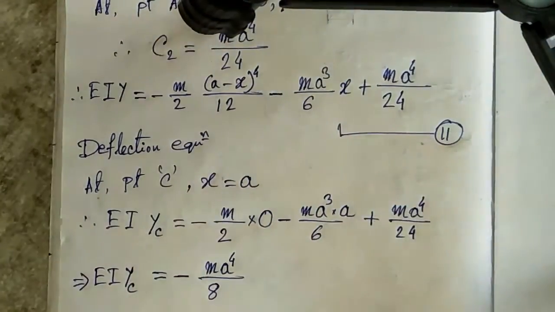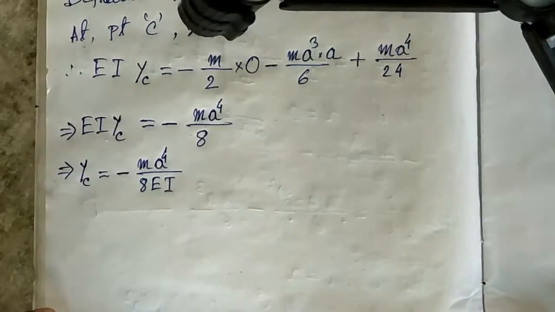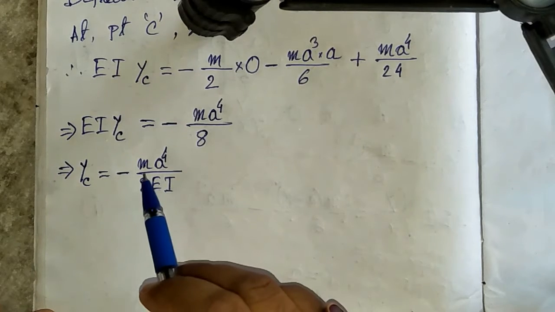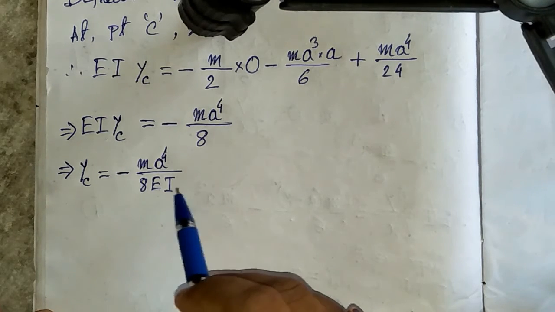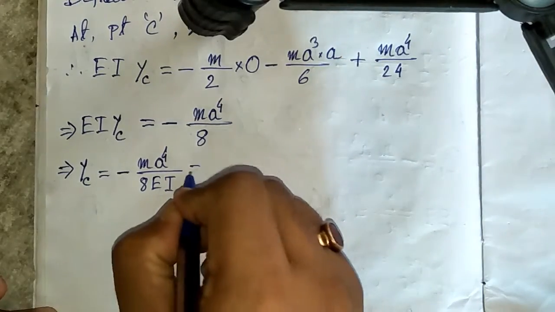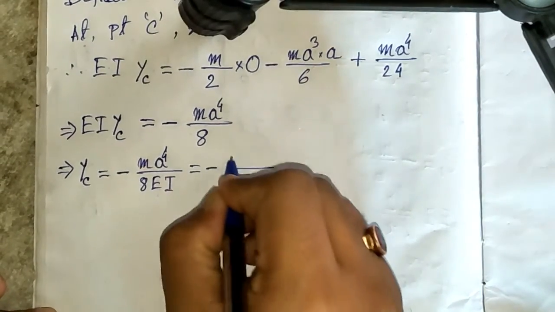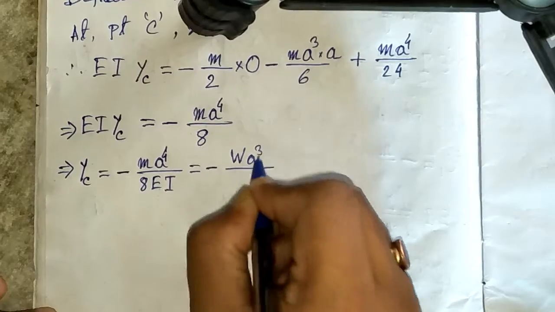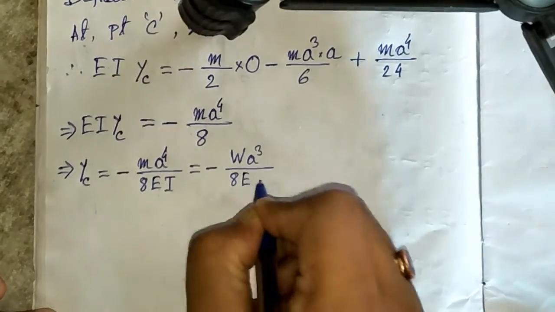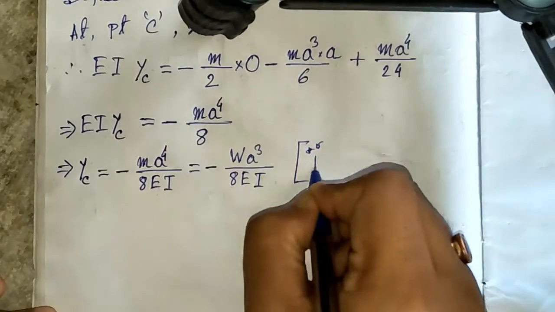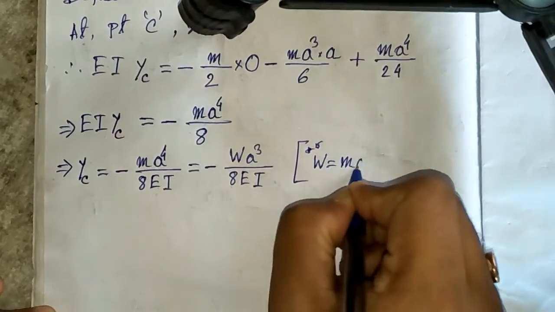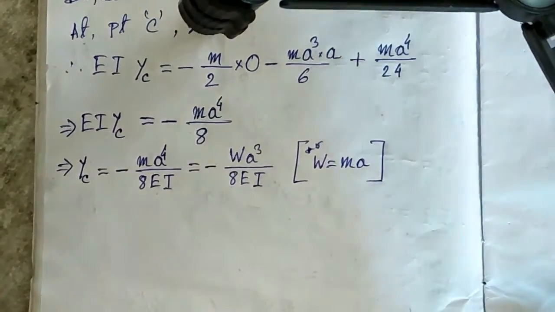EI into Yc equals m a to the power 4 by 8, or Yc equals minus m a to the power 4 by 8 EI, or we can write that as minus w a cube by 8 EI, where we know that w equals m into a. W is the total load.